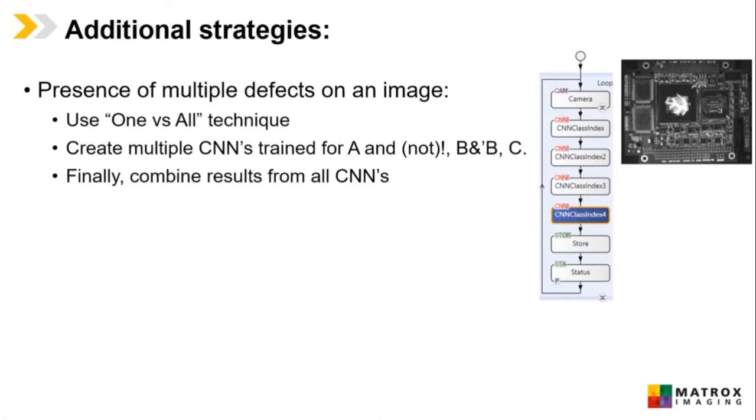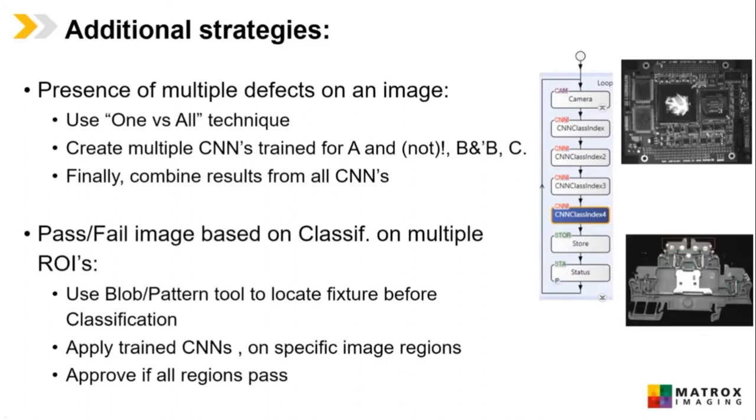So that's one strategy. Another strategy that we use is that rather than doing a global classification on the whole image, we use a fixturing tool like pattern matching or maybe blob to locate the part and then apply a classifier on an ROI, right?